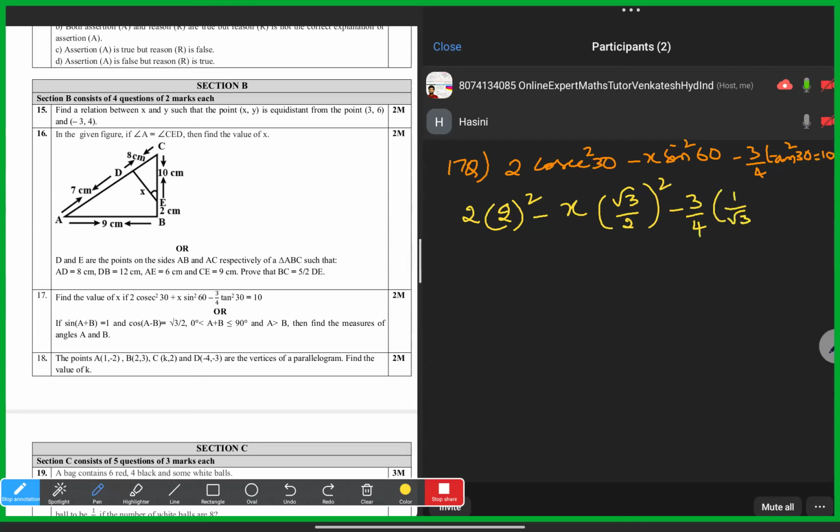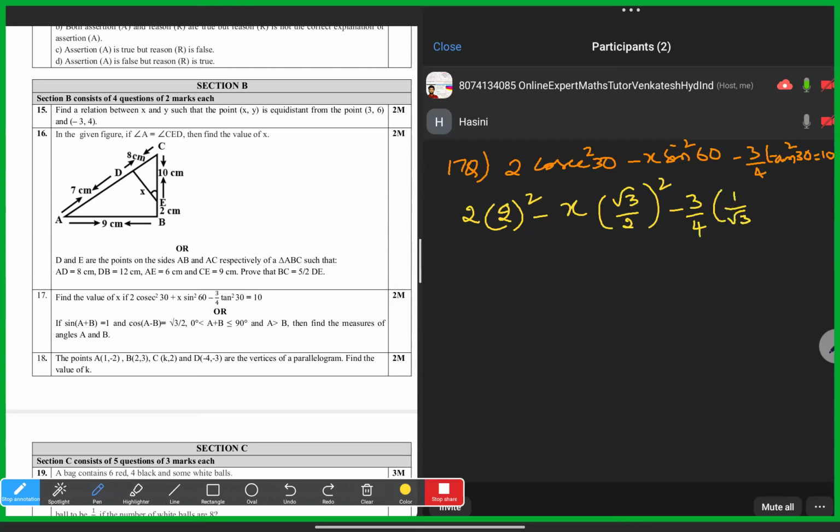Now the LCM will be 4 only, because the other two denominators are 4 only. So 4 eights are 32.